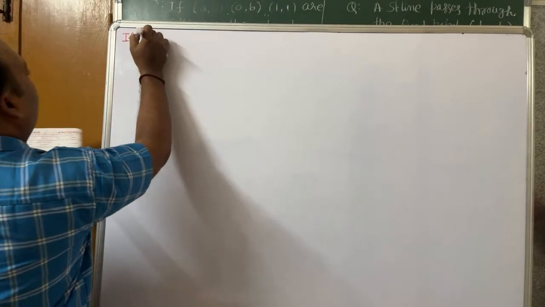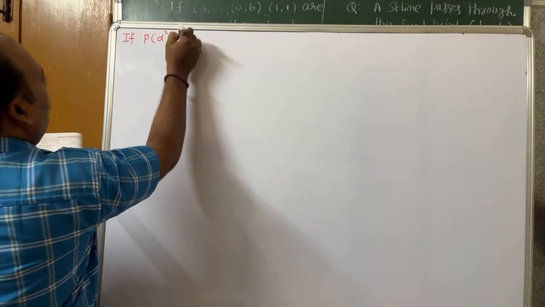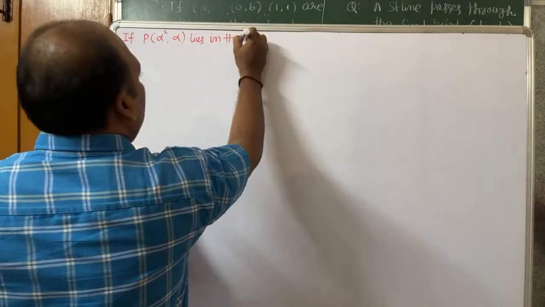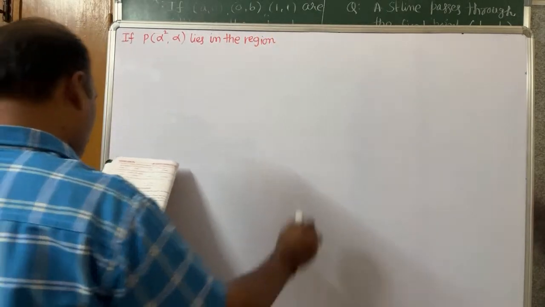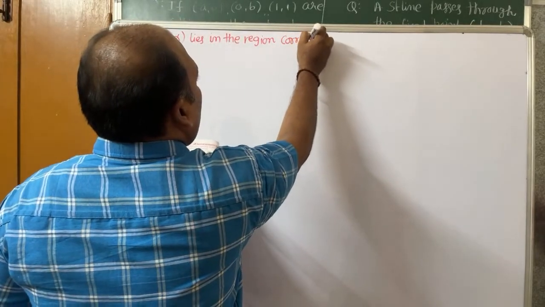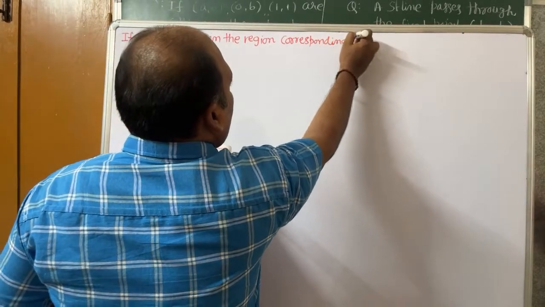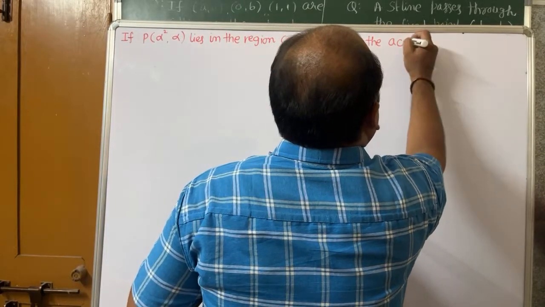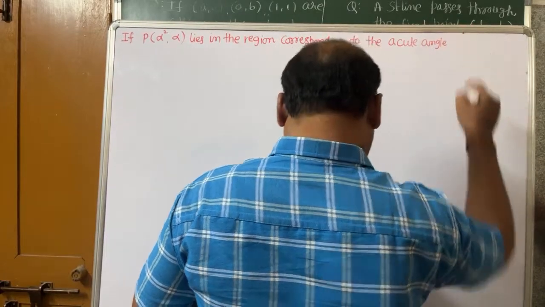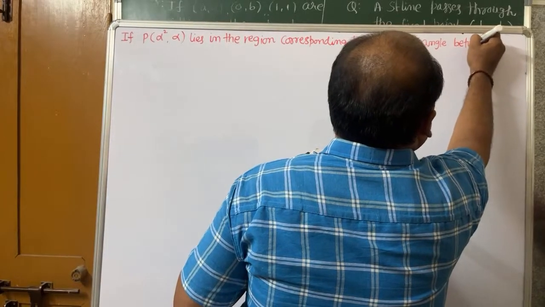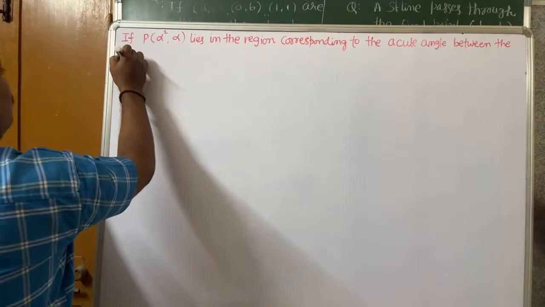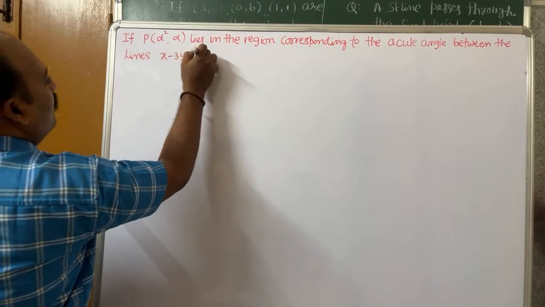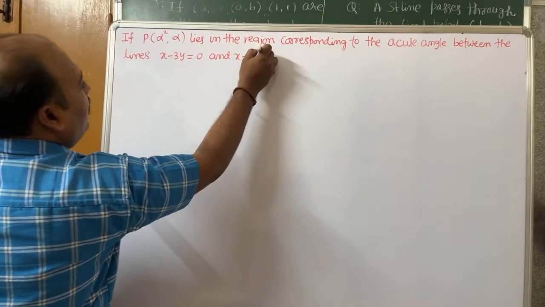Anyway, I will explain. If P(alpha square, alpha) lies in the region corresponding to the acute angle between the lines x minus 3y equal to 0 and x plus 3y equal to 0.